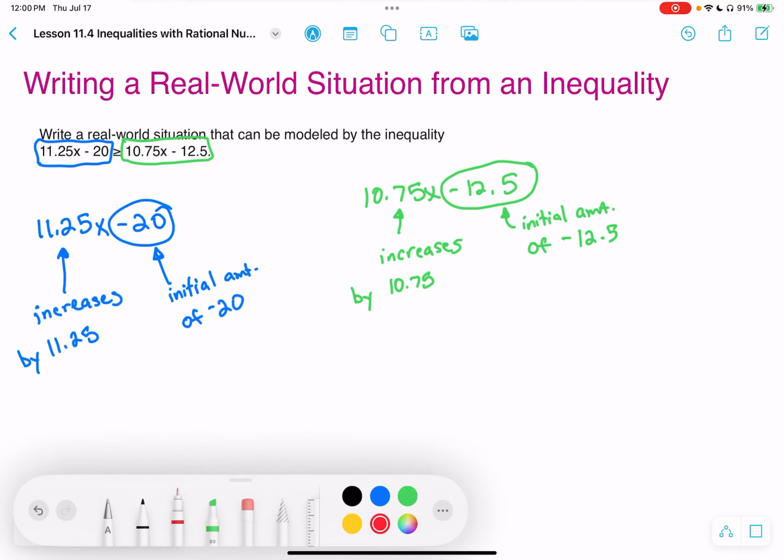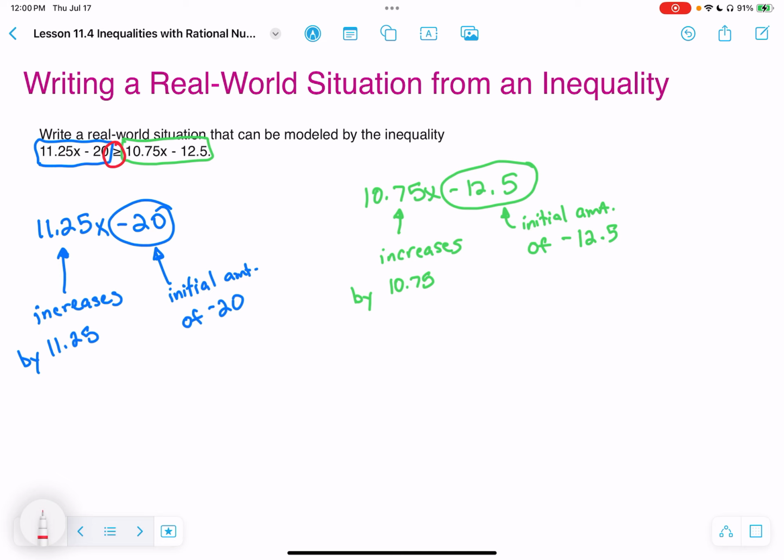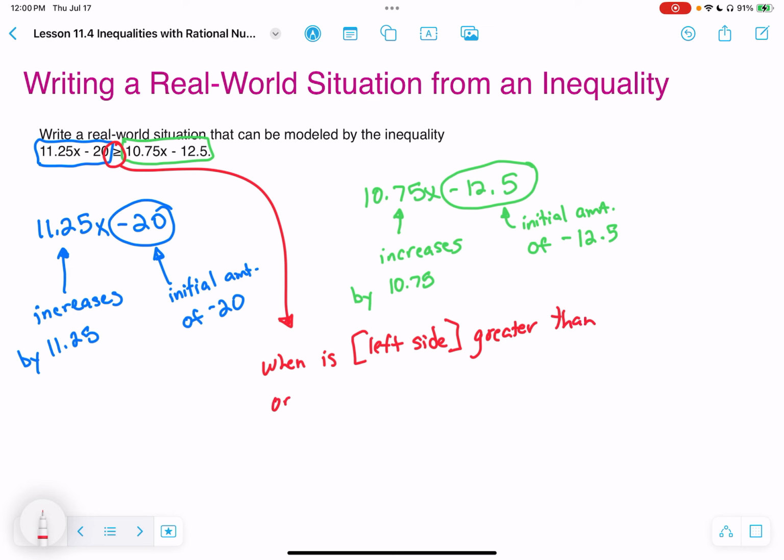And the symbol here in the middle is a greater than or equal to, so we want to say, when is the left side greater than or equal to the right side.